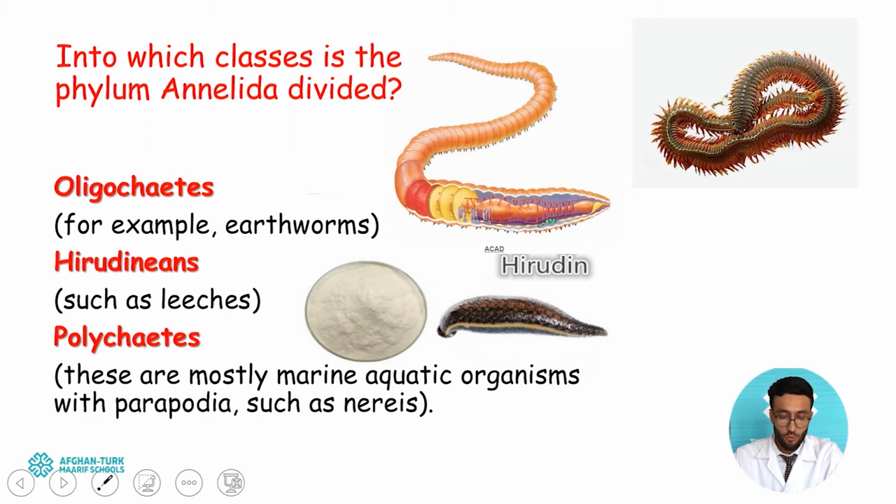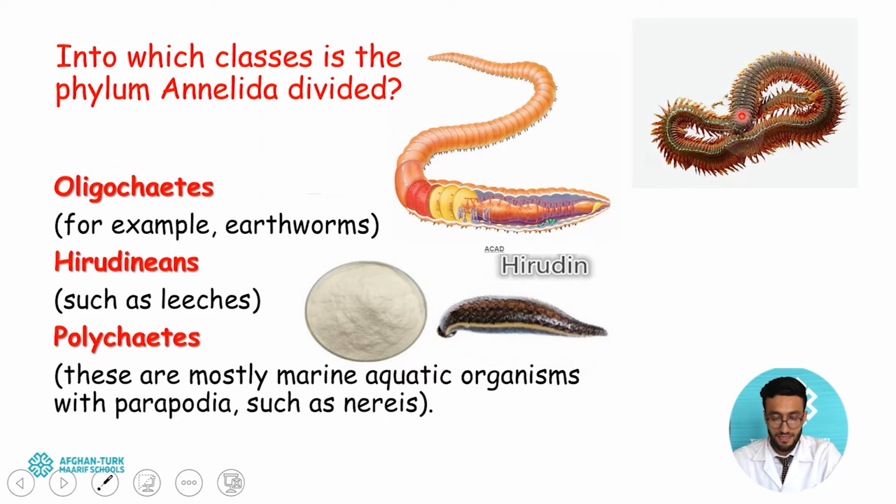About the polychaetes, we can say that they are mostly marine aquatic organisms, and their external structures are composed of different parapodia, these bristles which you are seeing sticking out of their body.